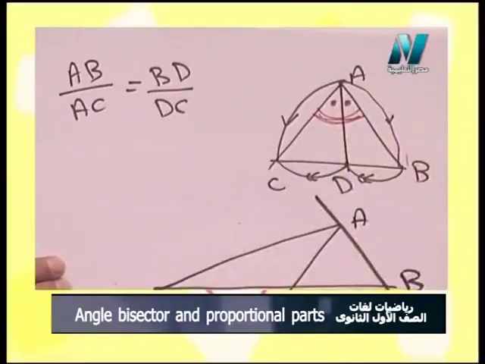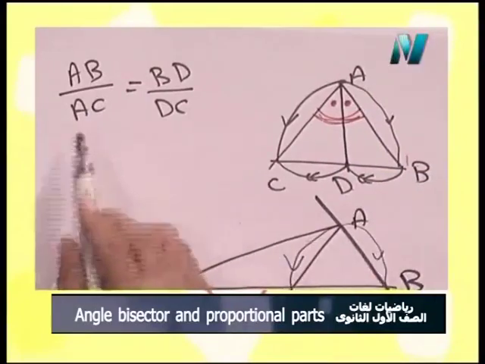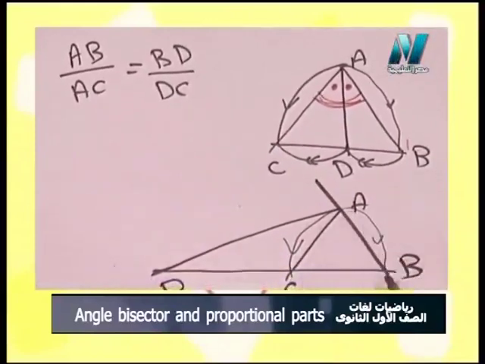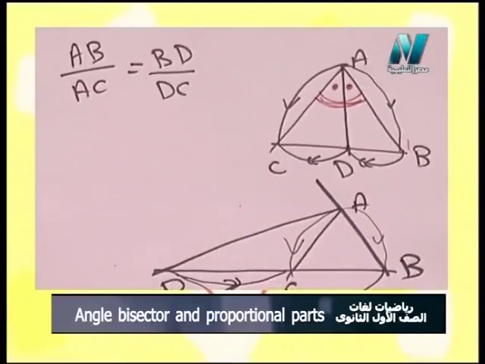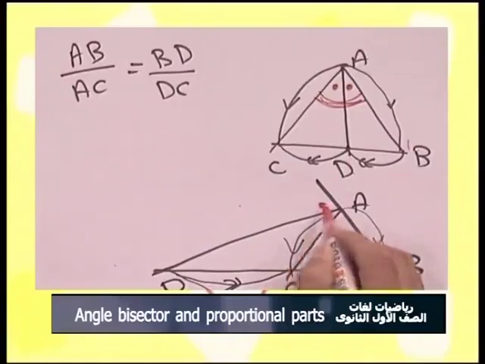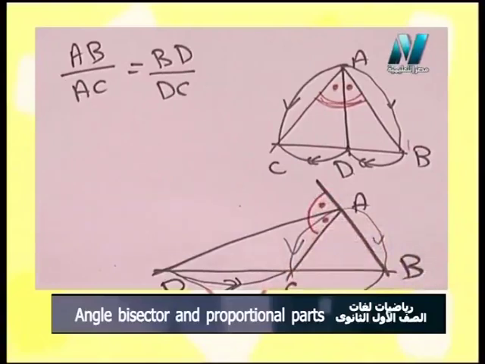And if we have AB over AC equals BD over DC, then we will deduce that AD is also the exterior bisector of the exterior angle A of the triangle ABC.